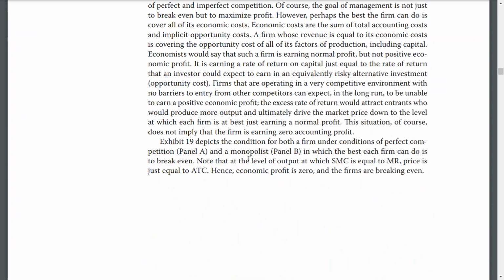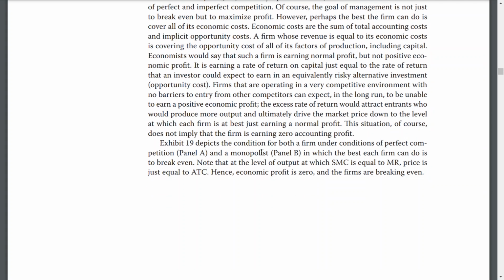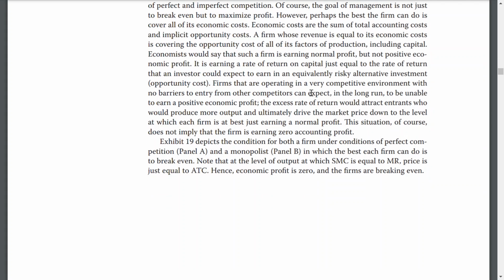Economists will say that such a firm is earning a normal profit, but not a positive economic profit. It is earning a rate of return on capital just equal to the rate of return that an investor can expect to earn in an equivalently risky alternative investment, or the opportunity cost.